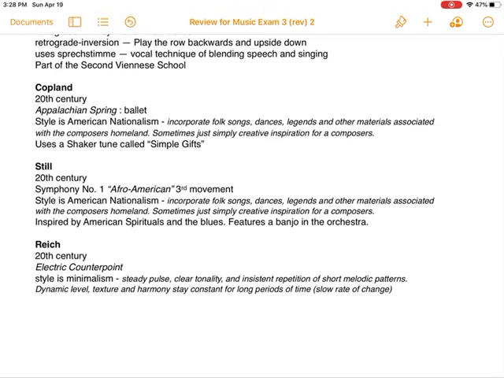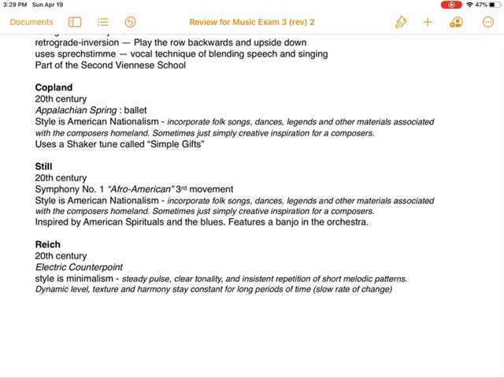Now, our other composer that is an example of nationalism, also American nationalism, is William Grant Still. 1895 to 1978 are his dates. So William Grant Still is African American, so he's drawing on different influences of American nationalism that are unique to his culture.